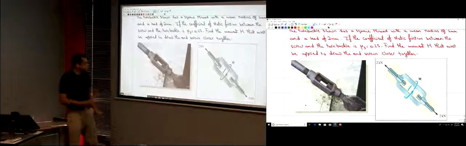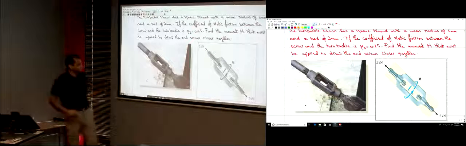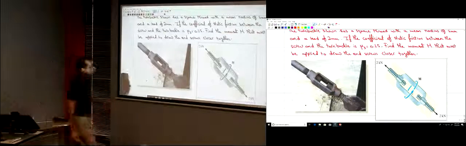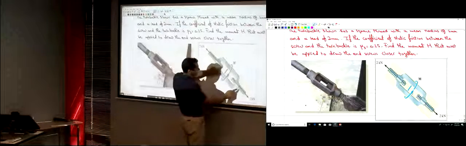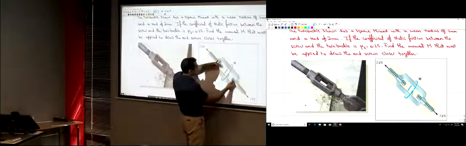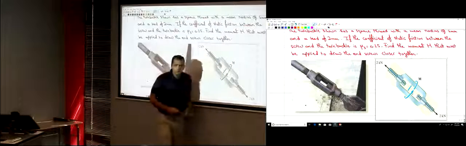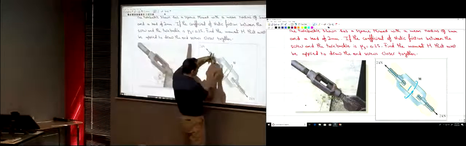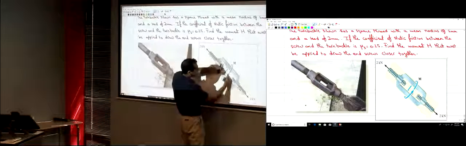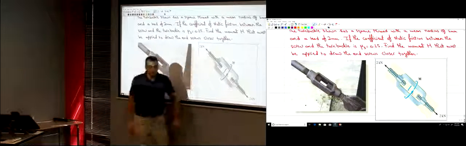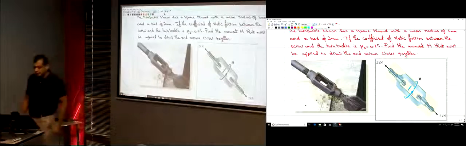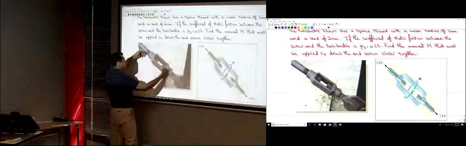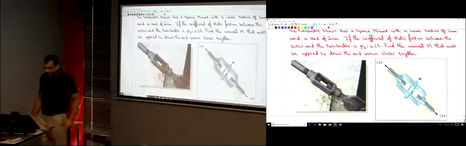So this is an upward motion. This one will move up, and this one will move up. We just want to find how much is the moment required to apply here so those two parts move up.